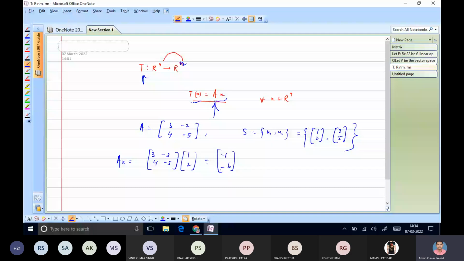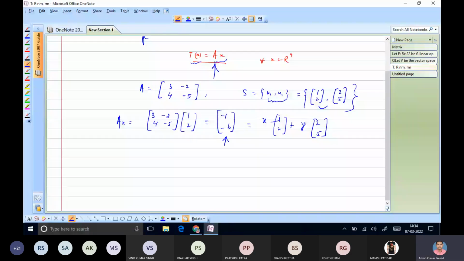Now this vector has to be written as a linear combination of U1 and U2. So 1, 2 is U1, and 2, 5 is U2. It is required to find x and y. See, x into 1 is x plus 2y. This is the first component, and it should be equal to minus 1.